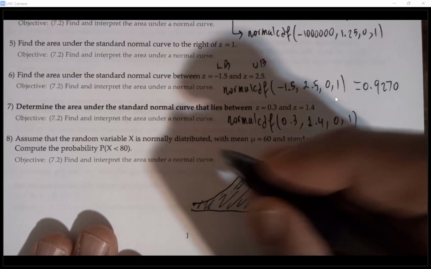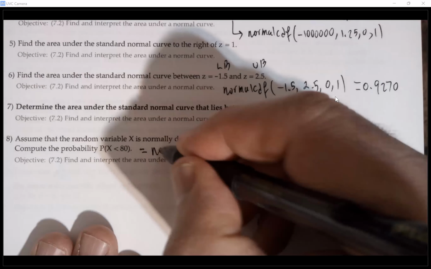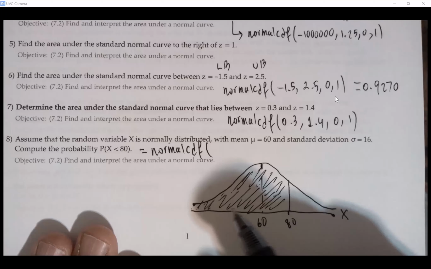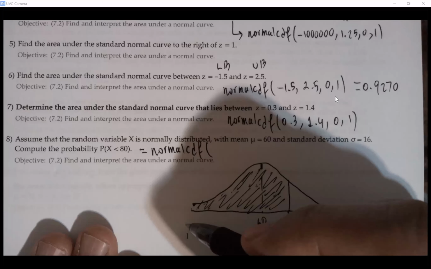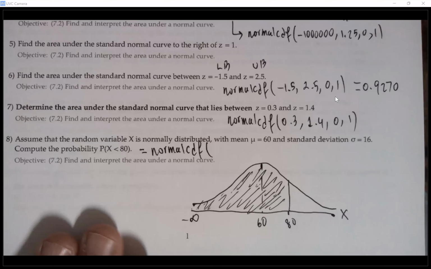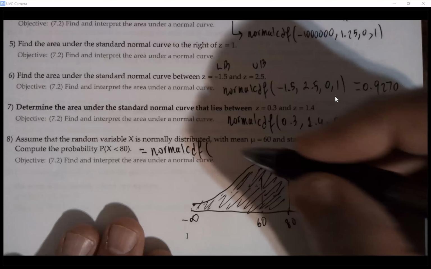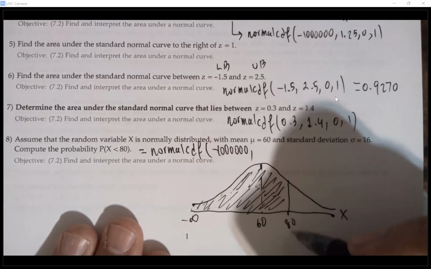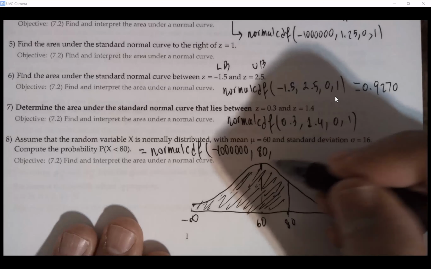So that would be normal CDF. We need the lower bound, and the lower bound is right here, negative infinity. And what did I say earlier? We use negative 1,000,000. Upper bound will be 80. And then the mean is 60.